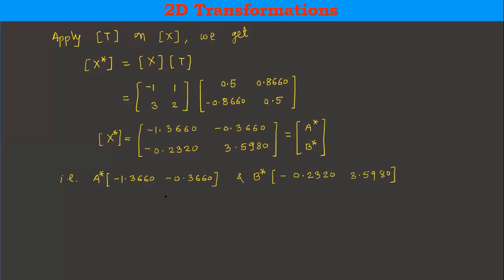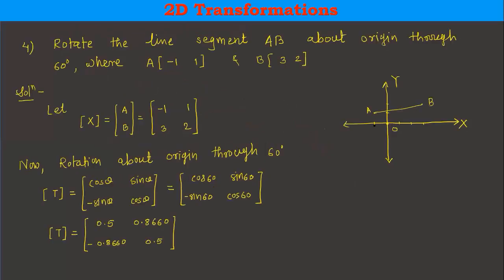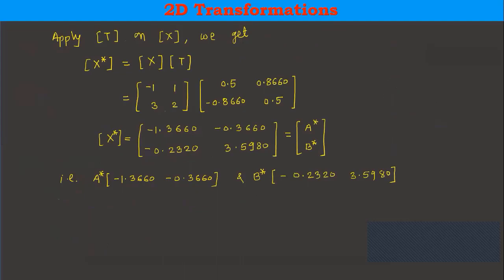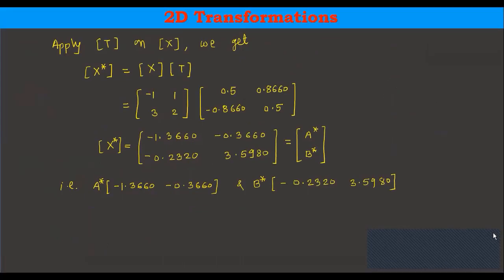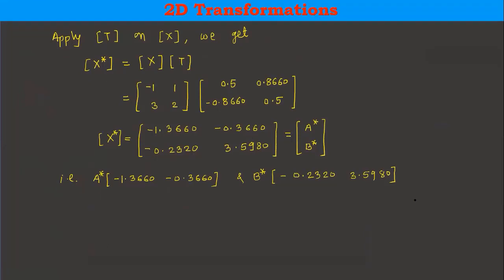If you want to find the position, A star is minus 1.3, minus 0.3. So minus 1.3, minus 0.3 means somewhere here. This is the A star point. And then B star is minus 0.2320 and 3.5980.